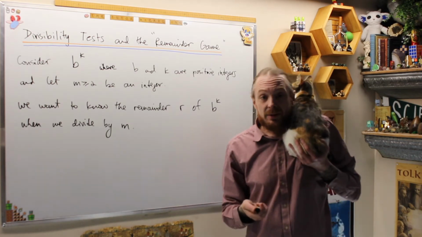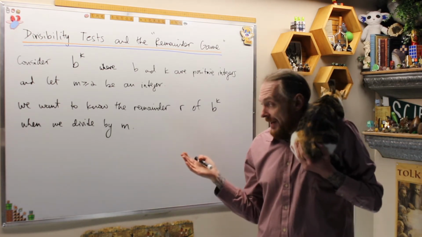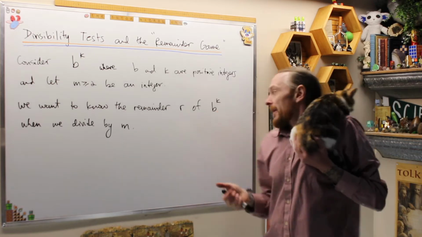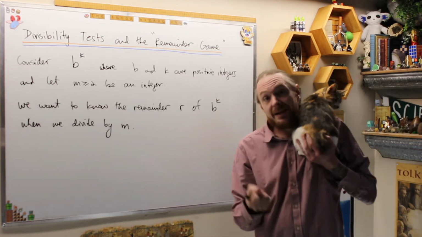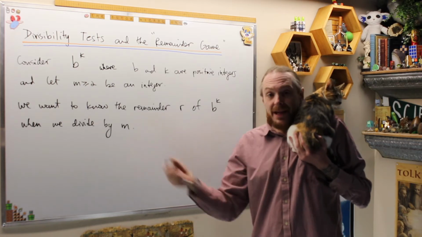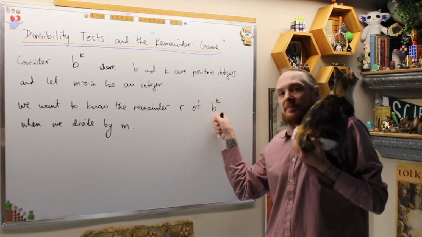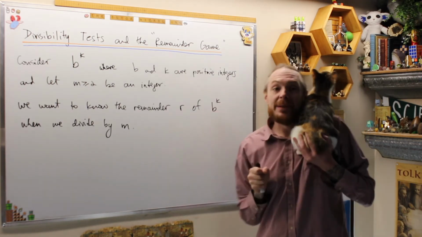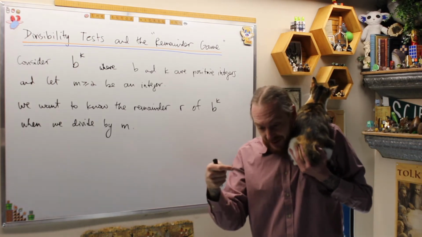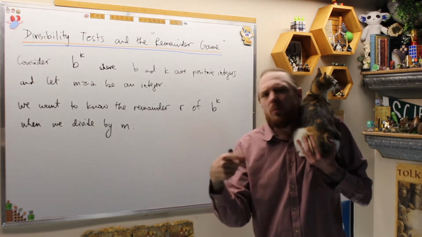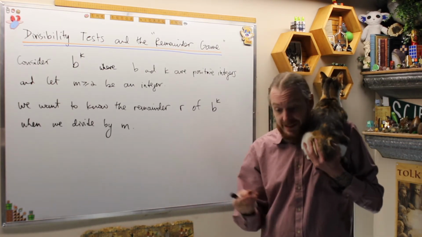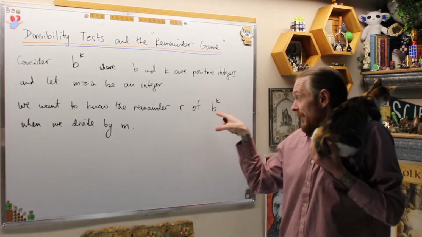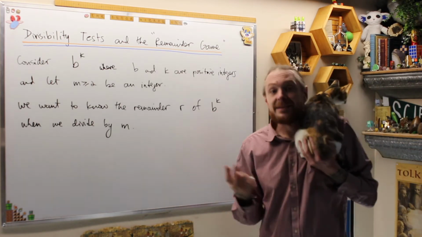What we're going to cleverly do is try to find whether b itself will be in the congruence class of either 1 or minus 1 modulo m. If it's not, I try to find the first exponent or power of b which will give me the congruence class of 1 or negative 1. I'll focus on 1 for now, but you can use negative 1. And then after that, we can use clever arithmetic to get at what the remainder of b to the k is. Let's do that specifically.